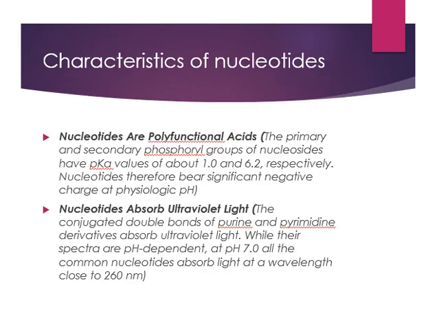Characteristics of nucleotides. Nucleotides are polyfunctional acids. Now, you have studied only the structure of one nucleotide. They are present in poly form in DNA and RNA. In the next lecture, we will discuss that. And they act as acids, and they have pK values of about 1 and 6.2.